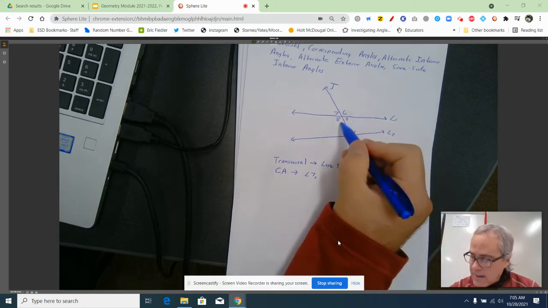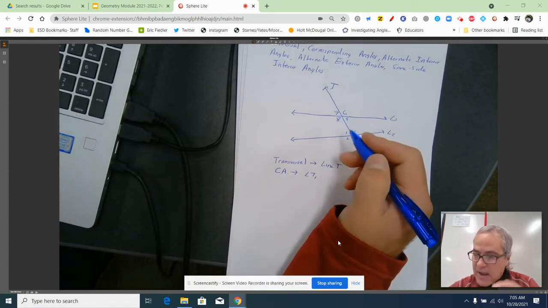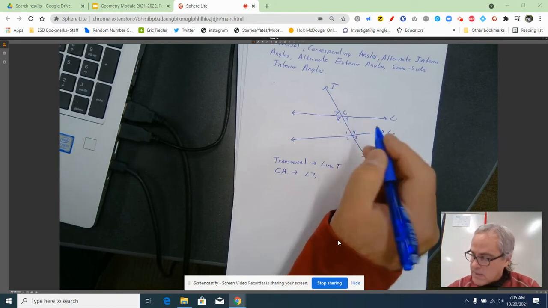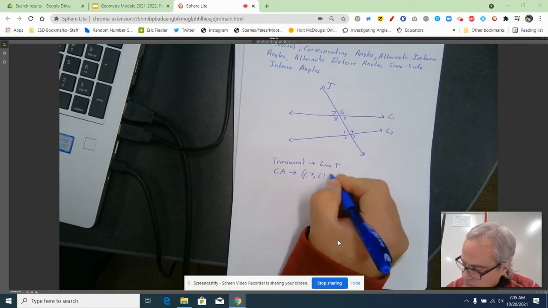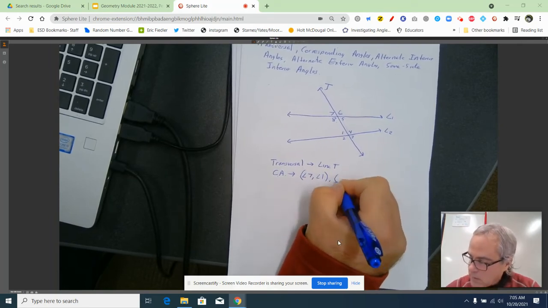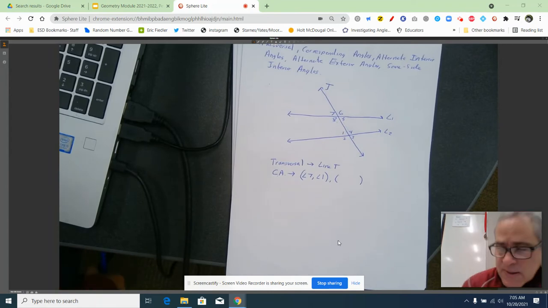So 8 is a linear pair, it's adjacent to angle 7. The one that's in the interior, not adjacent, and on the same side of the transversal is angle 1. So that's an example. One in the interior, one in the exterior, same side of the transversal, and non-adjacent.